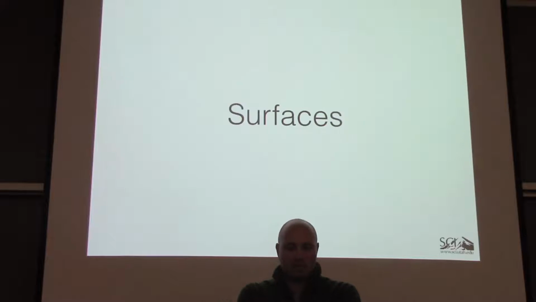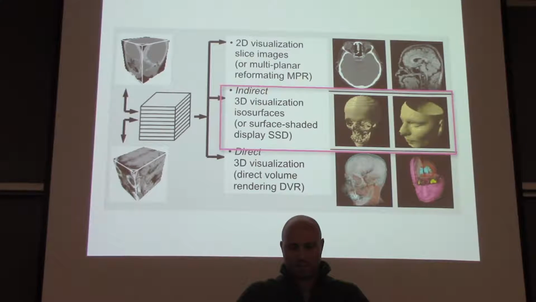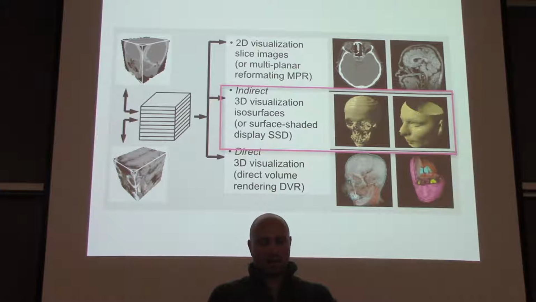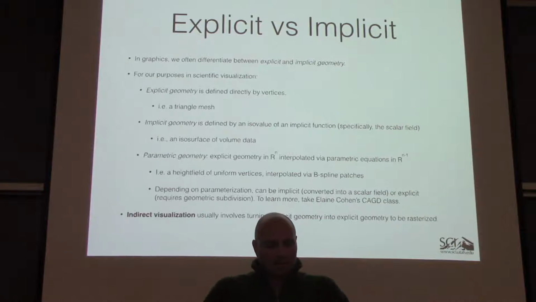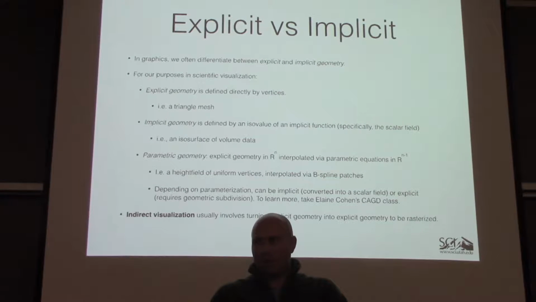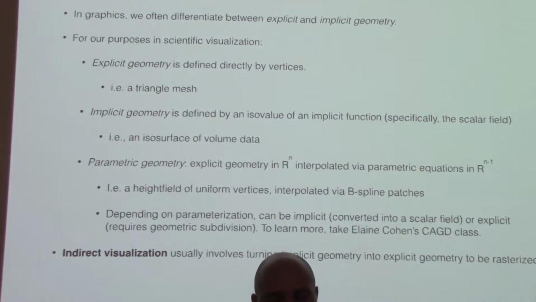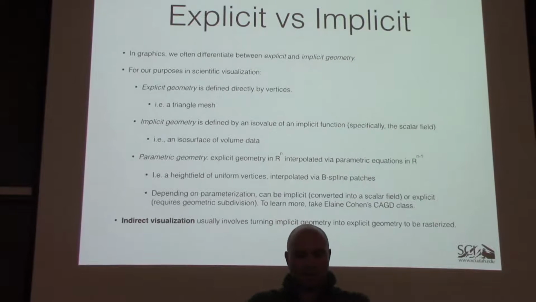So today, we're going to be talking about surfaces. And surfaces are mostly a way of doing indirect visualization of 3D scalar fields of volume data, but not always. Before I talk about what an isosurface is, or contours, or go into terrain rendering, I should probably talk about implicit versus explicit.